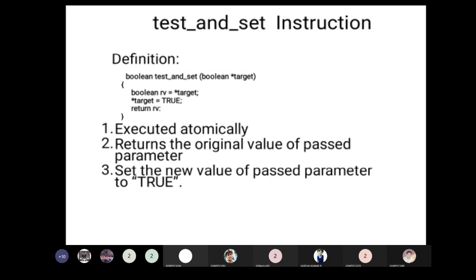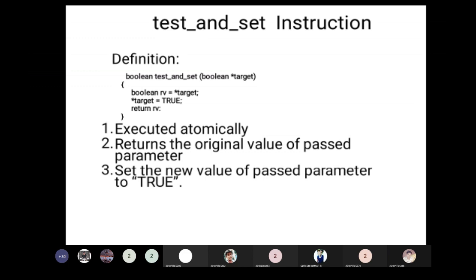So here you are defining a function called boolean test and set. Boolean is nothing but true or false, and you are implementing this test and set instruction with it. You are sending a variable called target. Boolean rv equal to star target means you are assigning to the variable rv whatever you are passing from the function call.